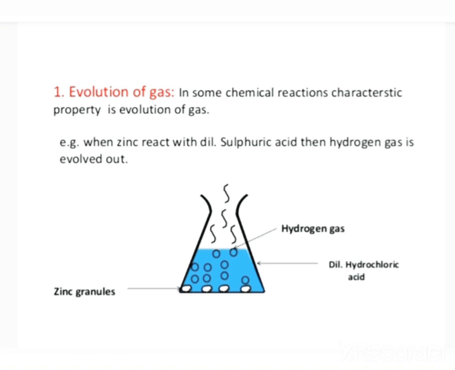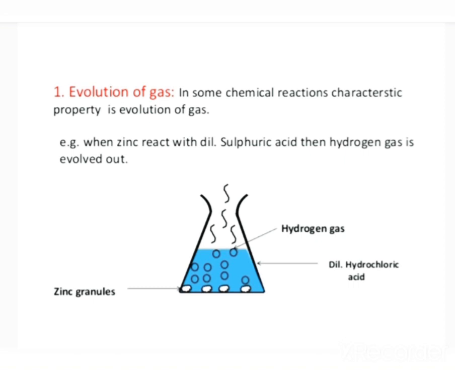In a chemical reaction, what happens if you take zinc? Can you see in the flask zinc granules are there and it combines with dilute hydrochloric acid? What happens? Now you can write the formula, Zn plus HCl gives off ZnCl2 plus H2. Can you see the reaction? You can write it on your own.